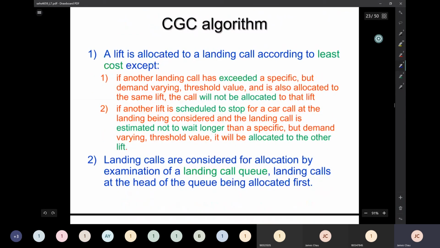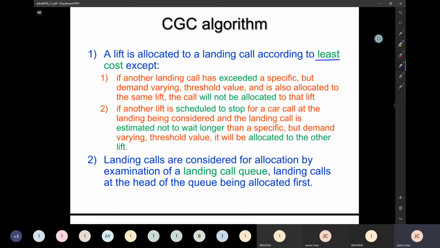Now here we have the CGC algorithm. We have 2 steps. First, a lift is allocated to a landing call according to the least cost. Now, if another landing call has exceeded a specific but demand-varying threshold value, that means, just like the dynamic setting, we fix the time to determine the priority.